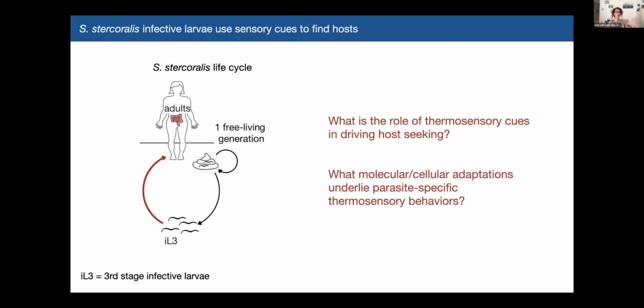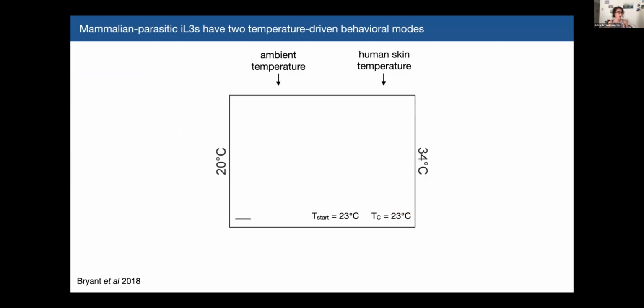And we had basically no understanding at all of the molecular or cellular adaptations that might underlie parasite-specific thermosensory behaviors. So to address the first question, I tested the migration patterns of IL-3s exposed to temperatures ranging from below ambient to above human body temperature.